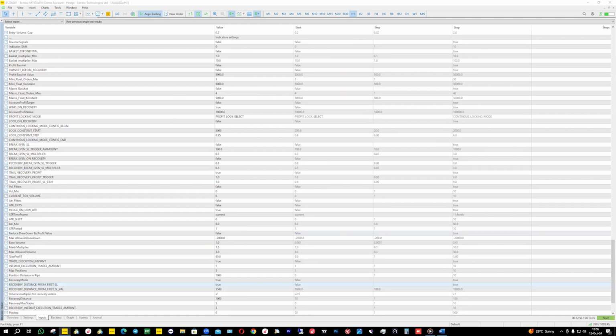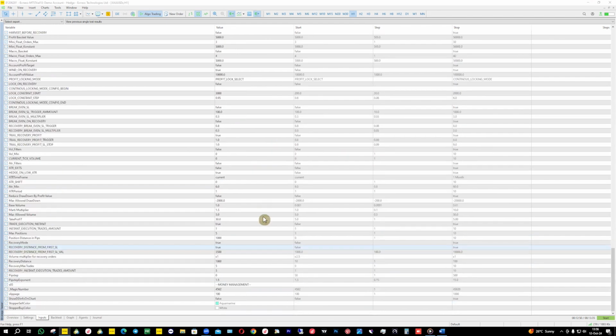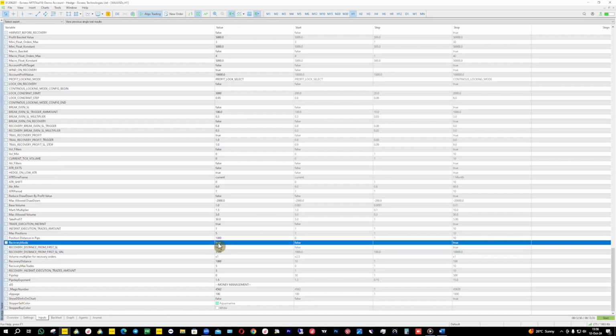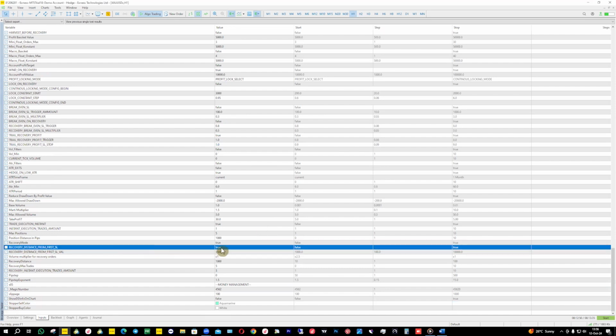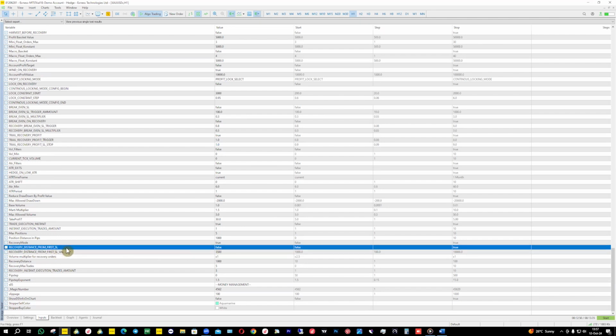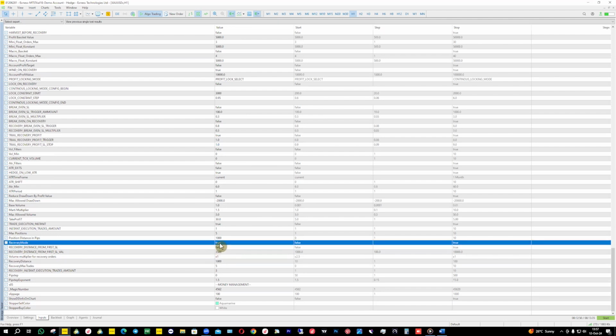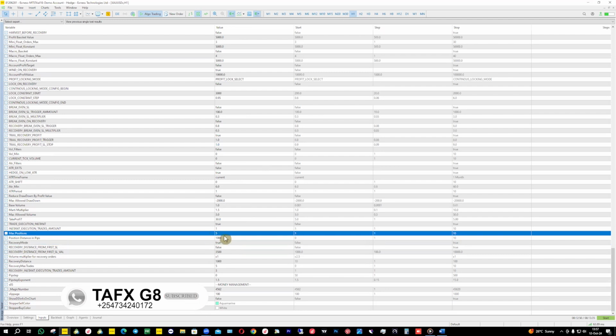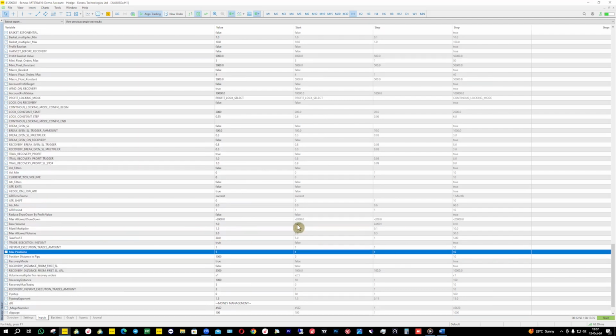The second thing, we are now going to check our recovery mode. So we are going to deactivate this recovery mode from first SL and activate this recovery mode. If you want to set the grids when the market is going on your side again, you can activate this max position. So it is still Coleman. So from there, you are good to go.